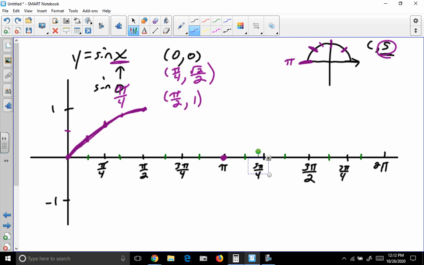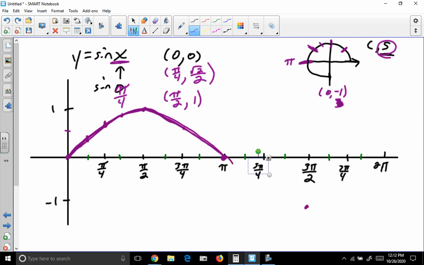Sine at 3 pi over 4 is positive root 2 over 2, which was what we said is about 0.71. So we're going to be kind of like this. As we continue around, we're making our way towards 3 pi over 2. When we get to 3 pi over 2, sine at 3 pi over 2 is -1, because again, sine is the y value. So at 3 pi over 2, we're down here.